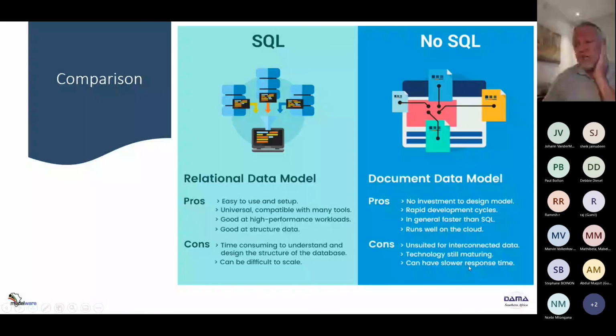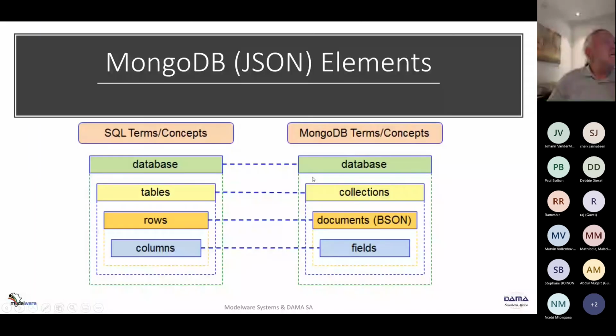So here is MongoDB. I like using MongoDB to just explain the document database. So let's look at the corresponding terminology. Both of them have a database. Now, in MongoDB, it has a collection, whereas in SQL, it has tables. In MongoDB, it has a document where we have rows.